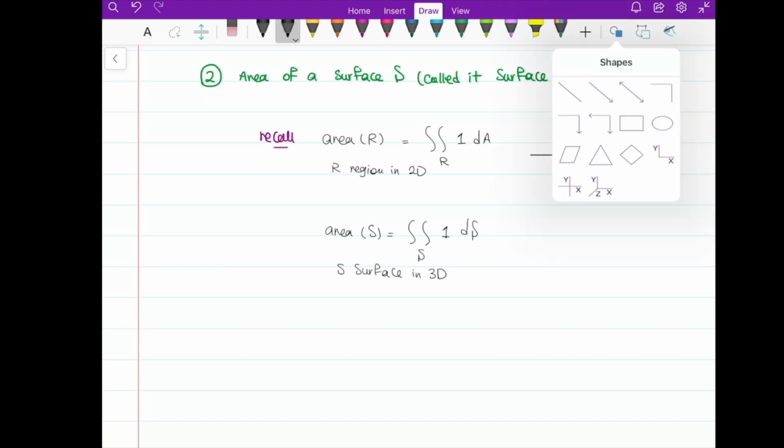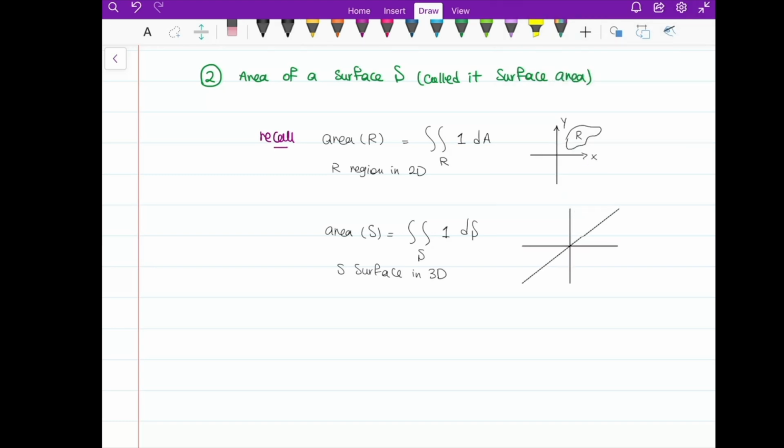Okay, so we have something like this: x-axis, y-axis, and z-axis, and assume that our surface is something like this. To find the surface area of S, we just need to do the double integral of 1 dS over S. Okay, so the question is this: what is dS?